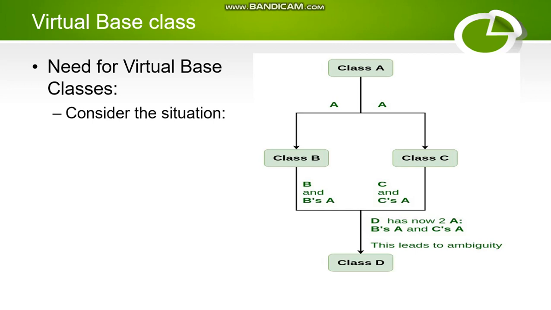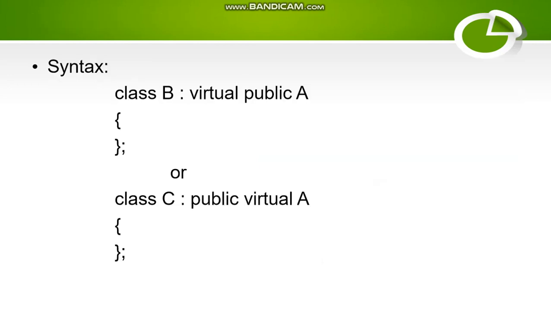A single copy of all its data members or functions is shared by all the classes that use the virtual base class. So by making the base class a virtual base class, we can avoid the duplication of data. So this is the syntax for making the virtual base class.